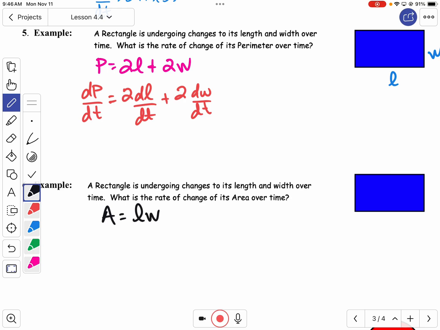It's a product rule, good job, because you're multiplying two variables. It's not bad.